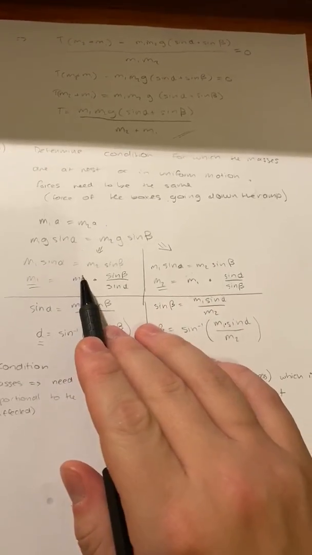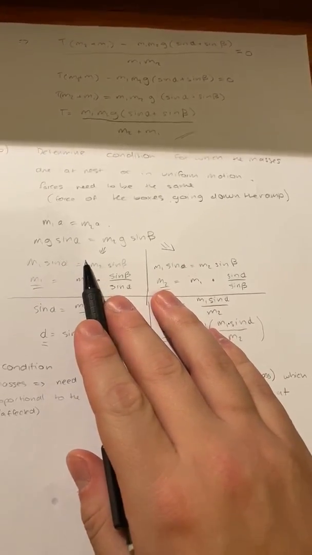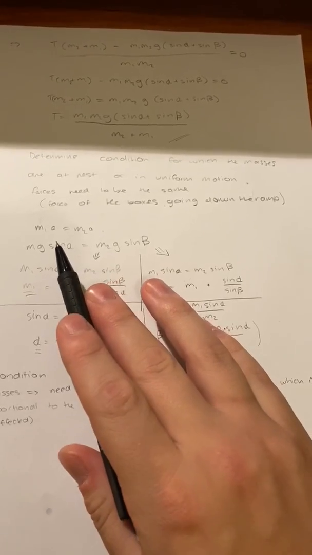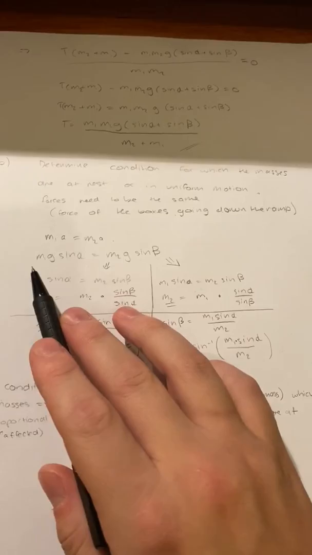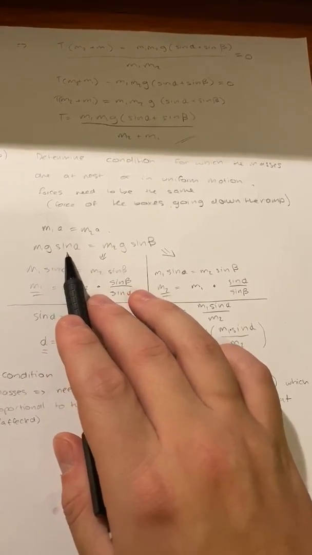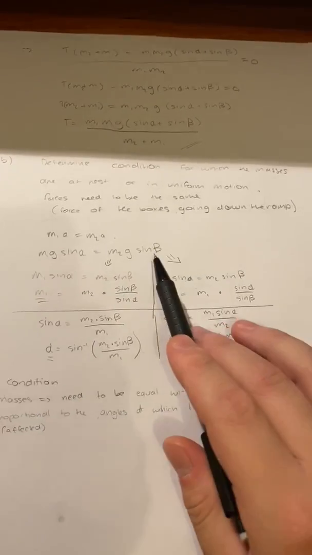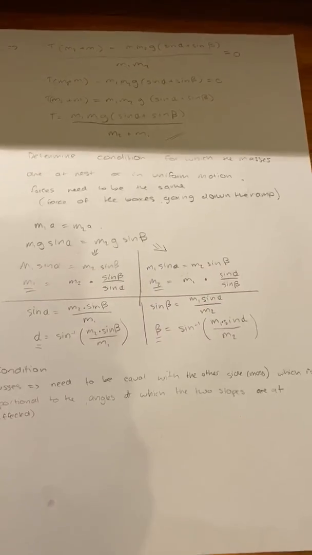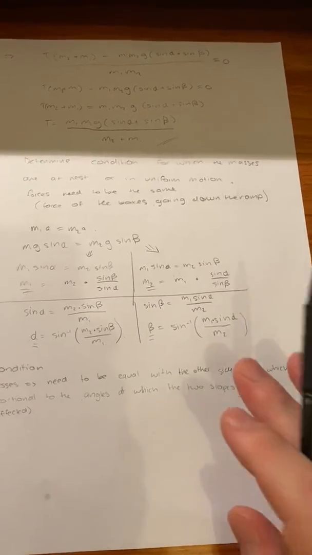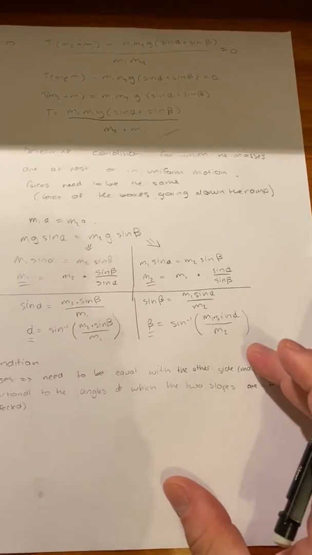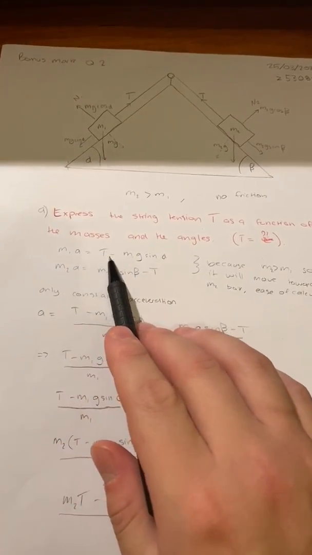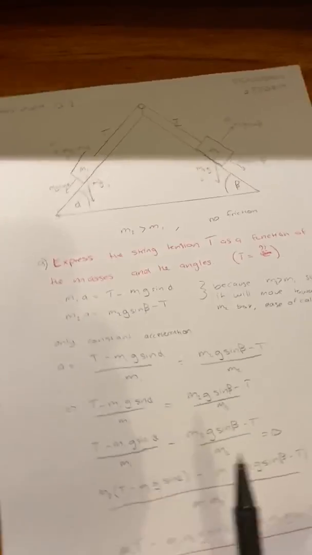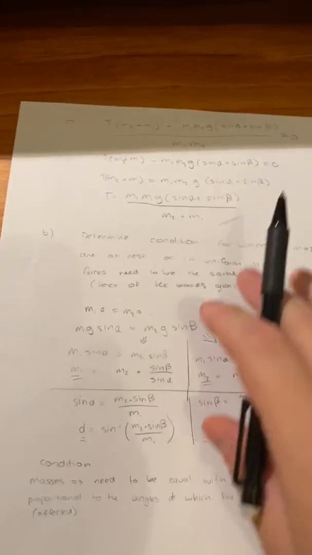So then I kept it simple, as KISS tells me to do. I put the forces the same, so m1 g sine A will equal m2 g sine B. You can get a lot of information out of this simple equation, a lot simpler than ma equals T minus mg sine A and the mass 2 version.